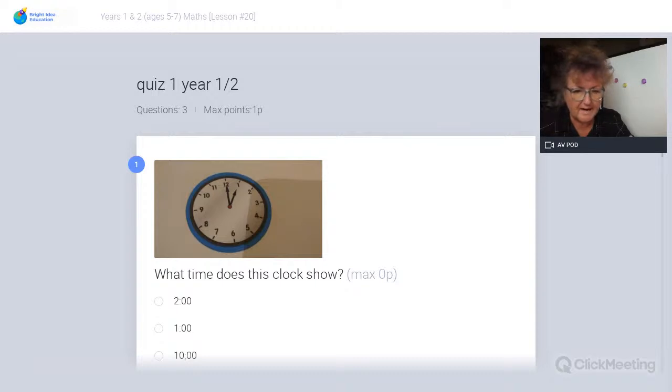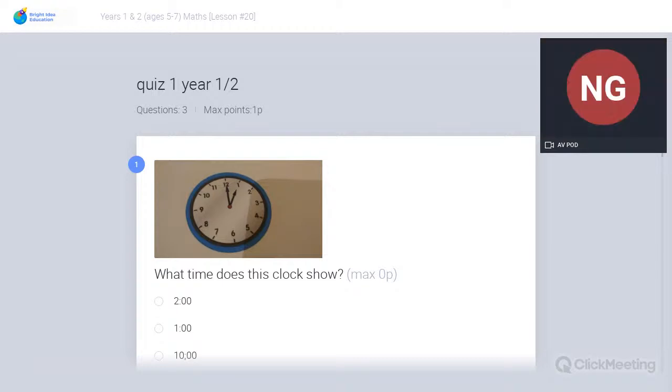It's showing you a time and then it's asking you, what's that time in digital time? Just let me know on the chat when you've finished.